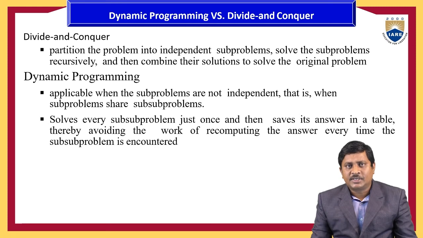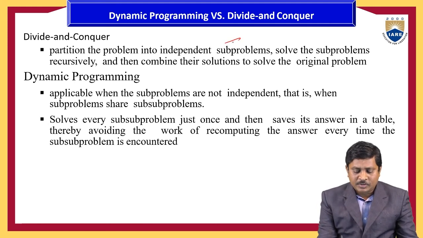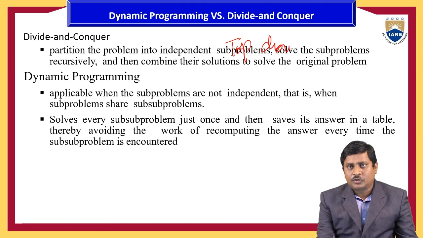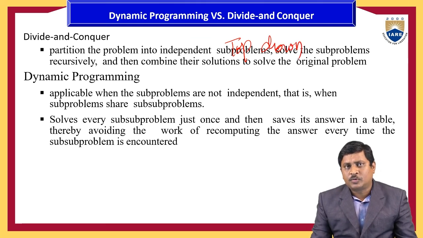Problems which are divisible into subproblems are solved in divide and conquer. These are top-down approach problems. In divide and conquer, we finally get a solution, but it is only a feasible solution, not an optimal solution.